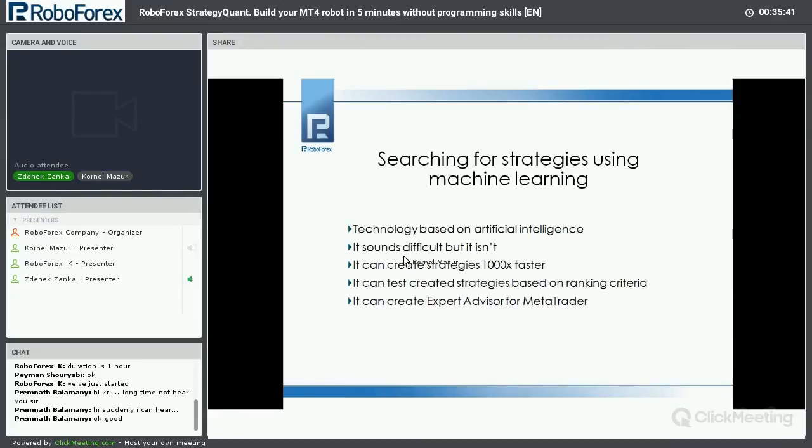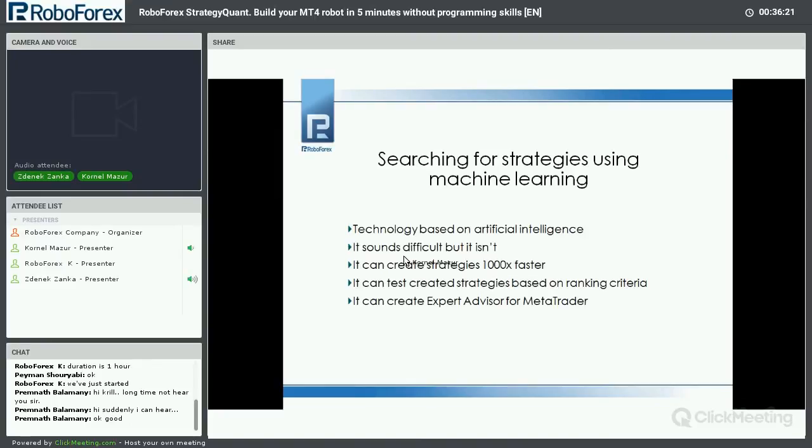I don't know if you have heard about machine learning that you can use in trading. This is technology based on artificial intelligence. Computers are fast enough today to do part of our jobs. You can see it everywhere around, as computers are more and more involved in factories and every area of our life, and a similar situation is here in trading.